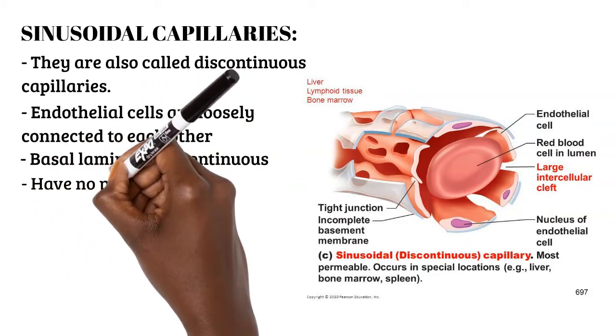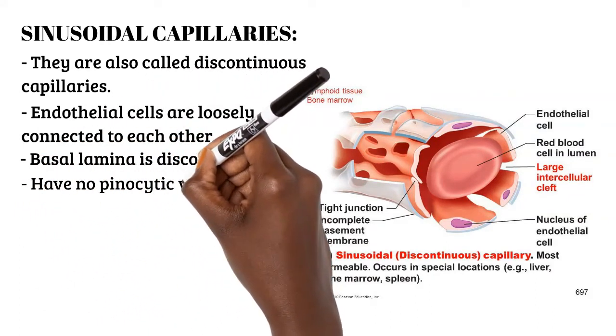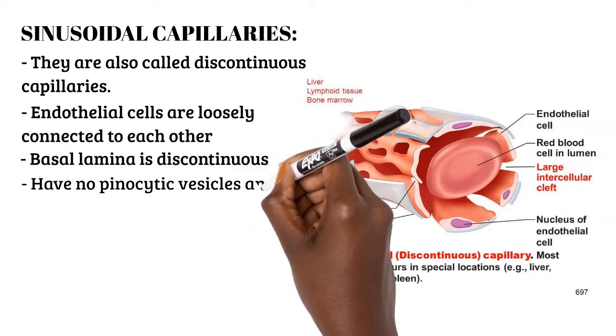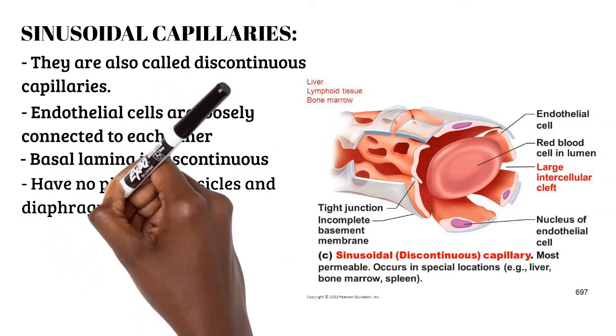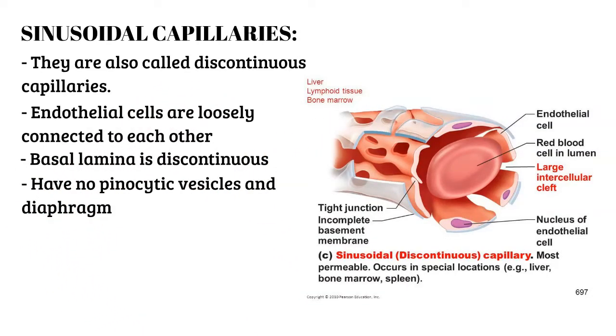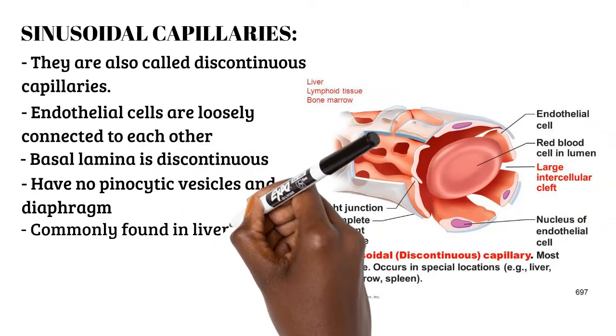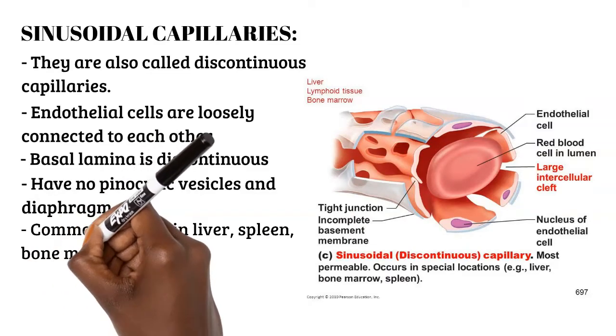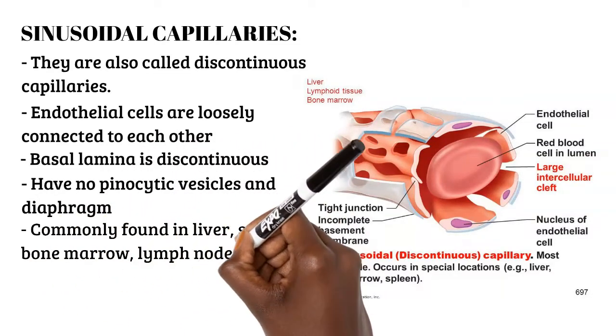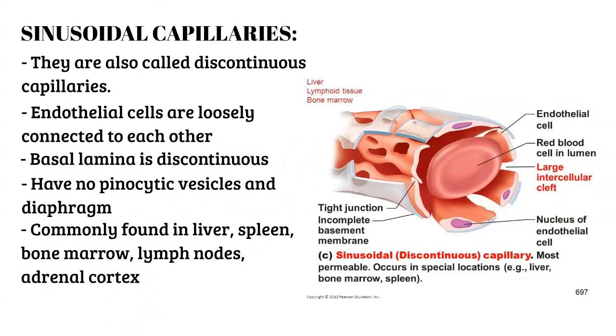So in these capillaries, they do not have pinocytic vesicles and diaphragm. They are commonly found in the liver, the spleen, the bone marrow, lymph nodes, adrenal cortex, and so on and so forth.